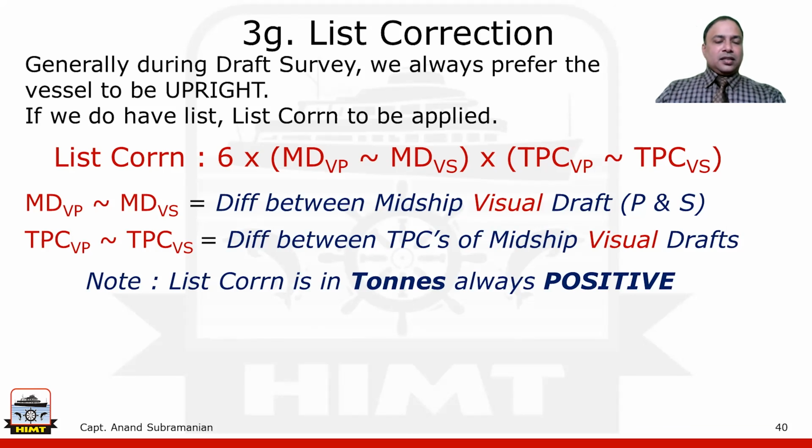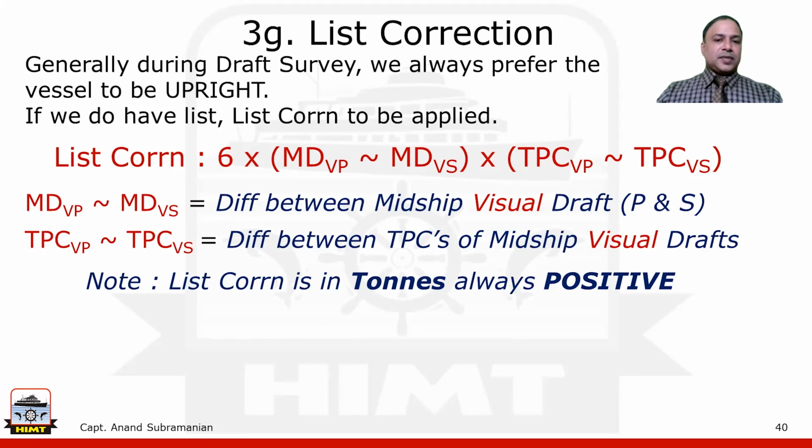So again, this is MD VP minus MD VS. The sign is always positive, so always subtract the smaller value from the larger value. Here also, for TPC, subtract the smaller value from the larger value. The net result is an absolute answer, which is always positive.